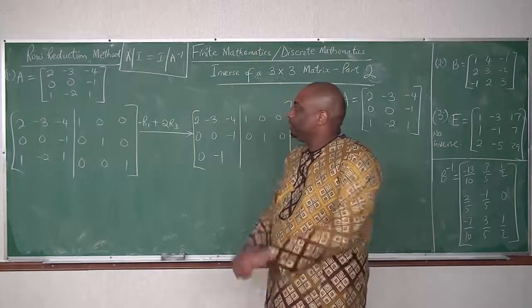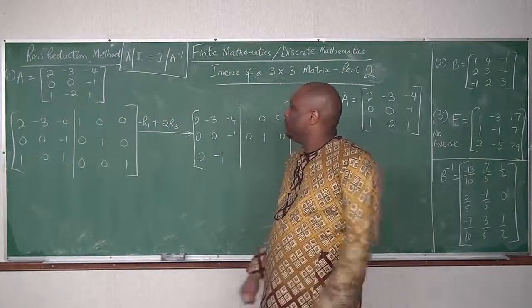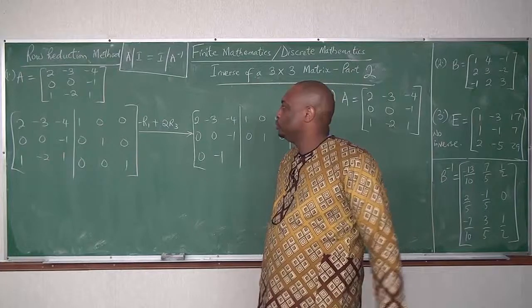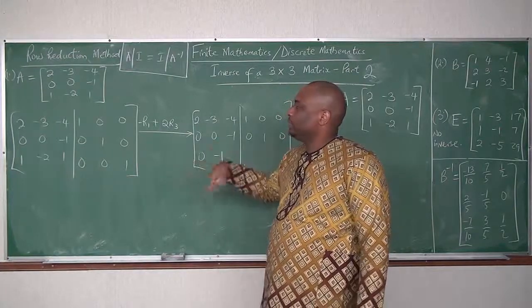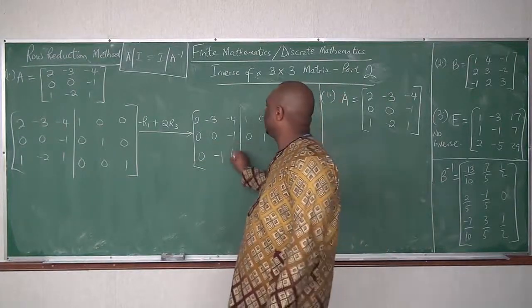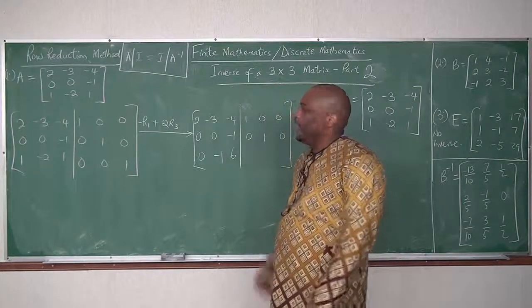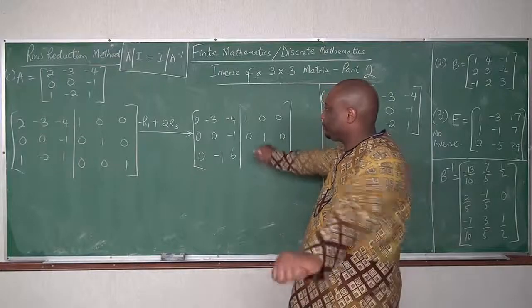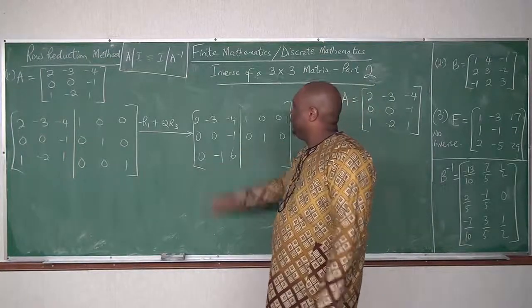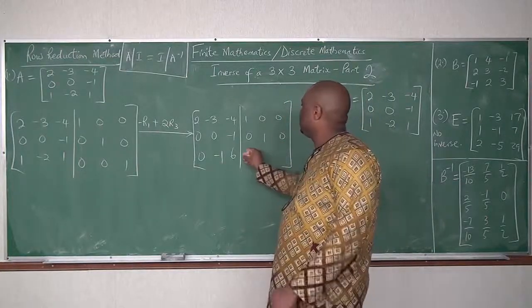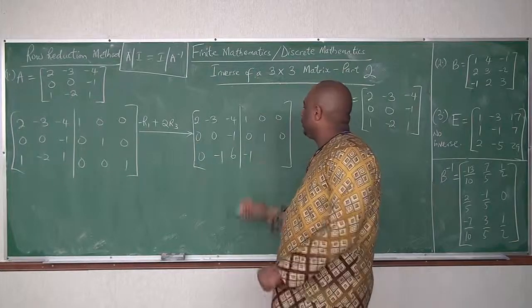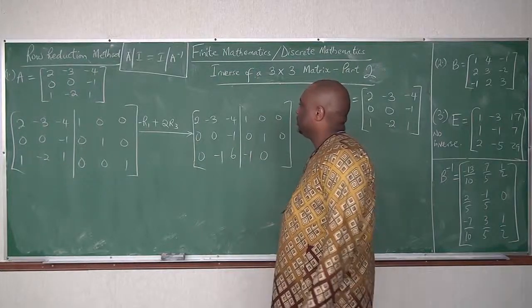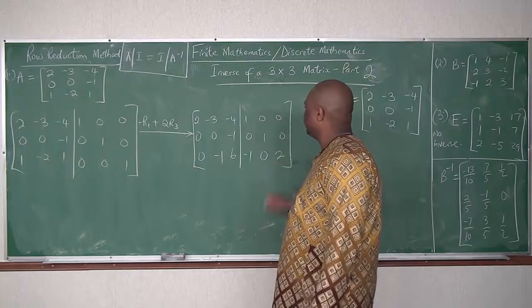Then negative 4 is 4. 4 plus 2 times 1 is 2, so 4 plus 2 is 6. We shall still check this to see whether we are right. And here, negative 1 plus 0 is negative 1. 0 plus 0 is 0. 0 plus 2 times 1 is 2.